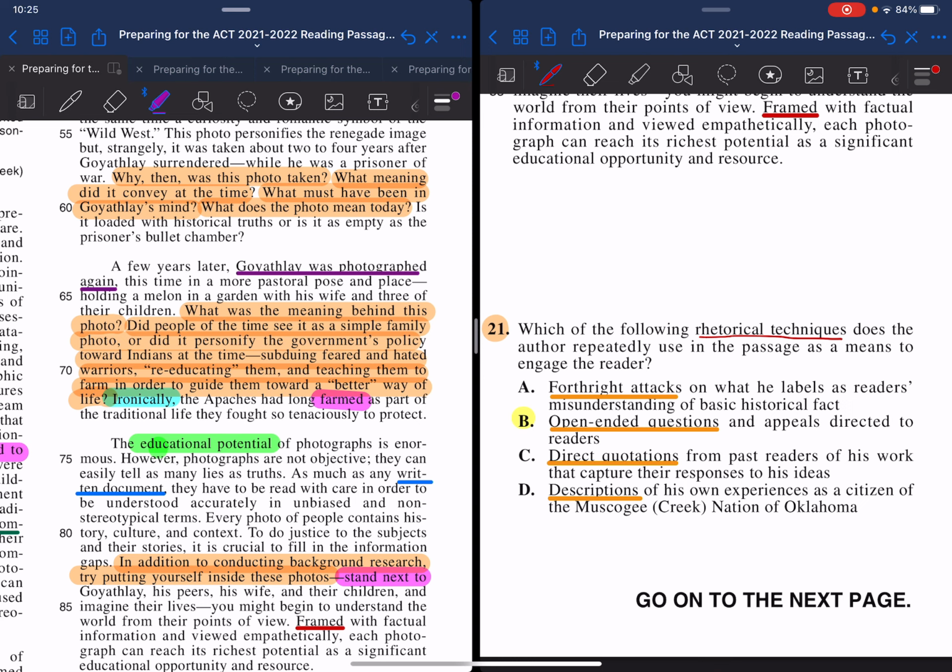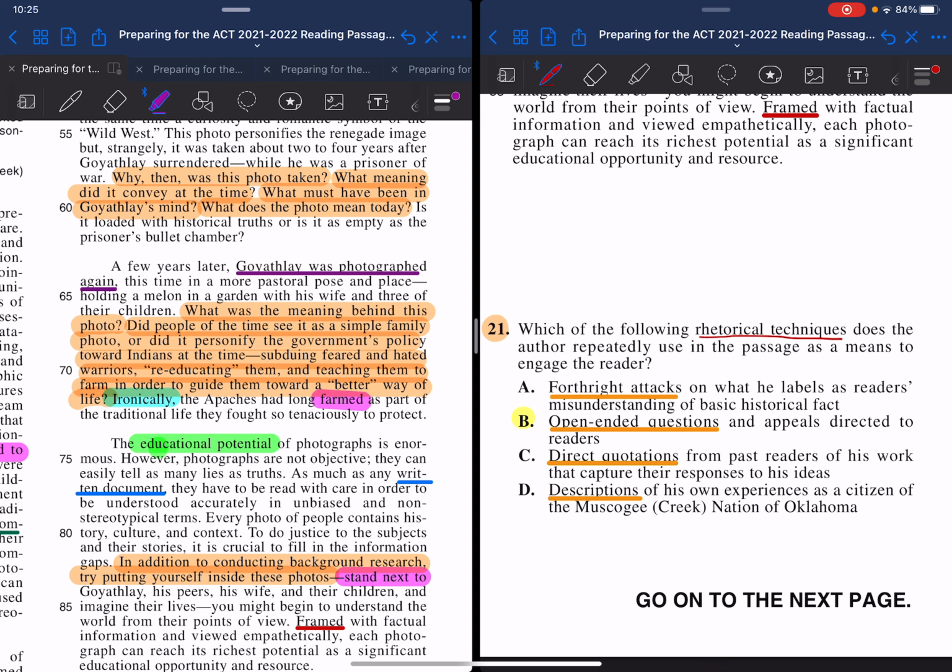Now it's asking these questions, but it's actually not answering them. The reason is that it wants us to ponder them, not necessarily to come up with a factual answer, but rather to think about them and plant these questions in our mind that were in the author's mind. That's why the answer is letter B, because in some cases an author will pose a question and then immediately answer it.